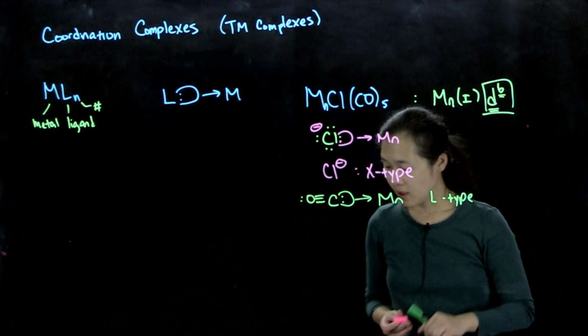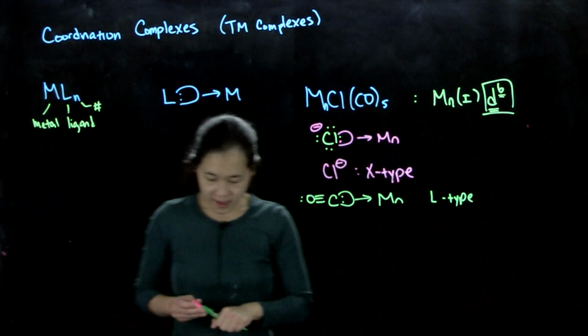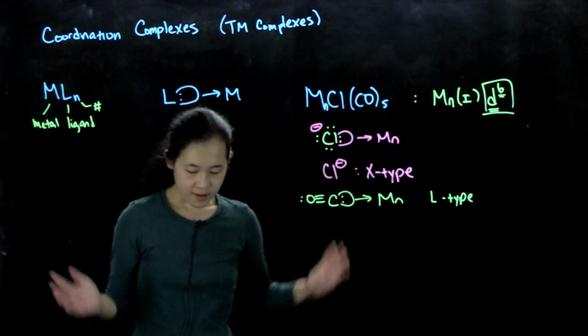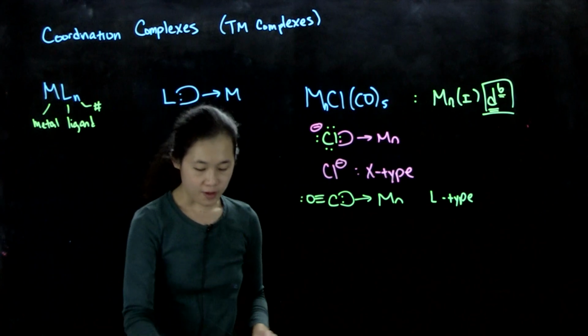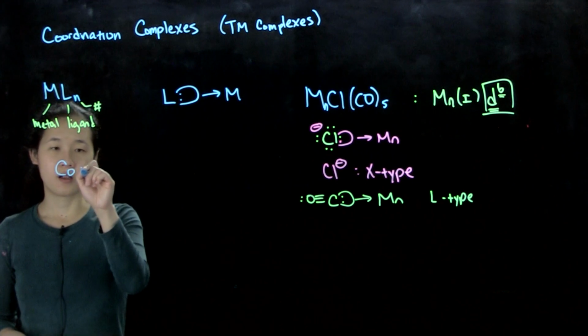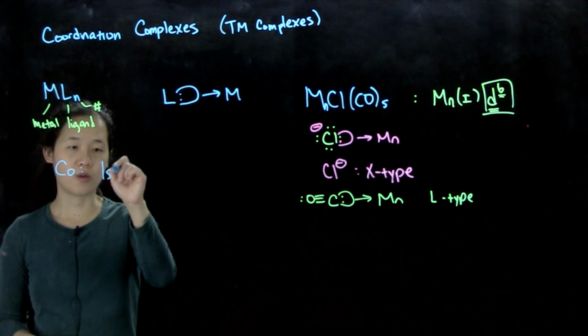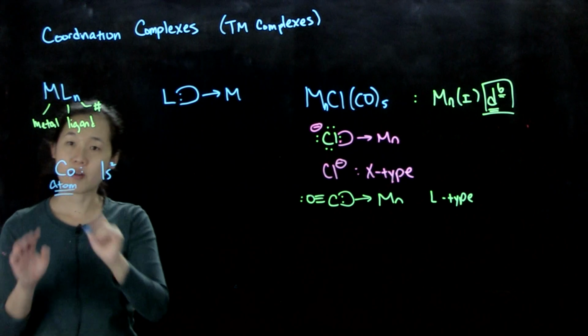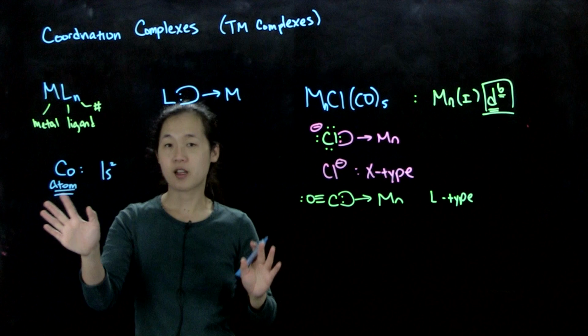This is how we can calculate the number of electrons. Which brings me to the second point: if you want to think about the number of d electrons, we can think about the electron configuration for the atom. So suppose we have the cobalt atom. So we're not talking about complexes yet, we have no ions, this is not charged.